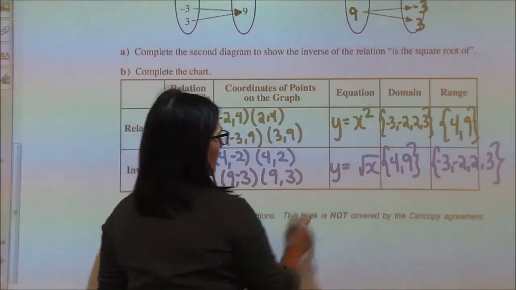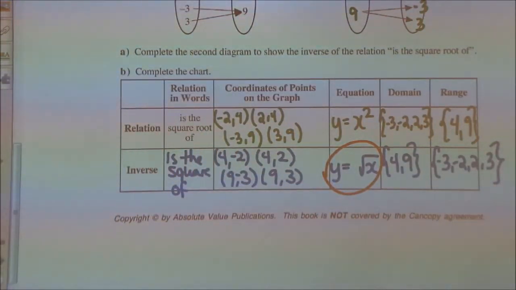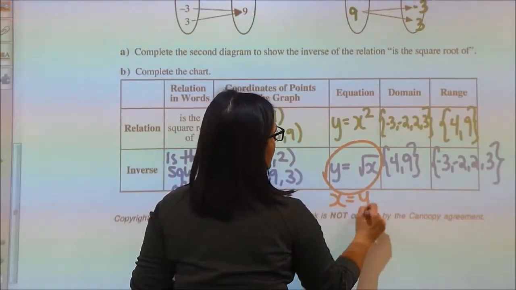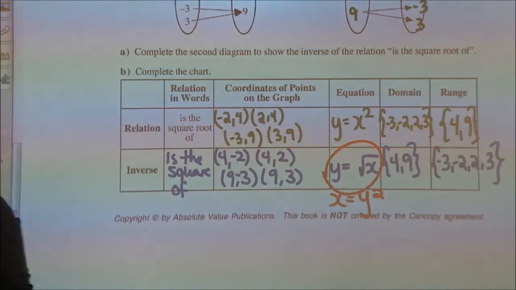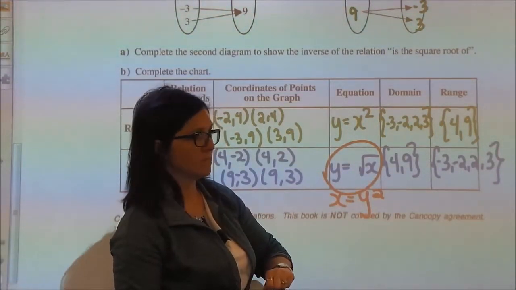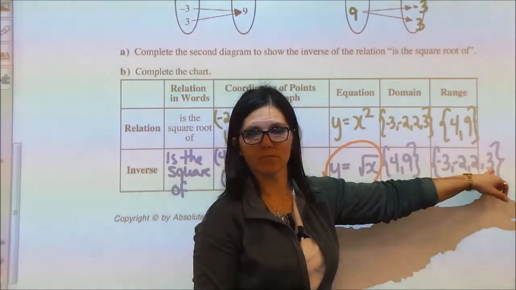Okay, one last thing with this. If I was to do like I did above and I interchanged these things around, I could say that x equals y squared. X is the square of the y. 9 is the square of 3.